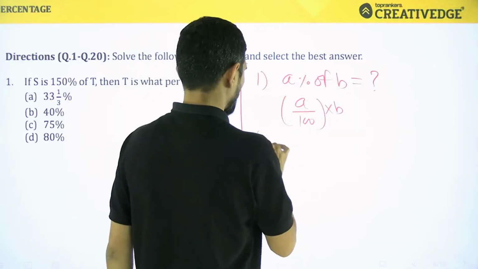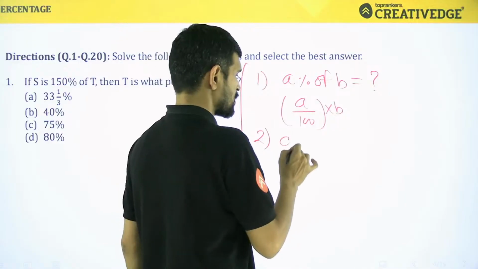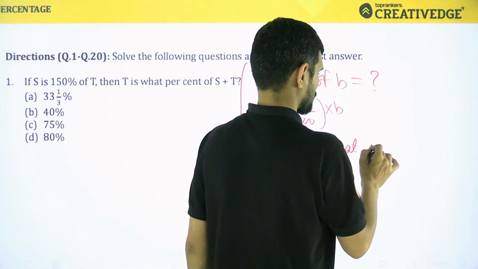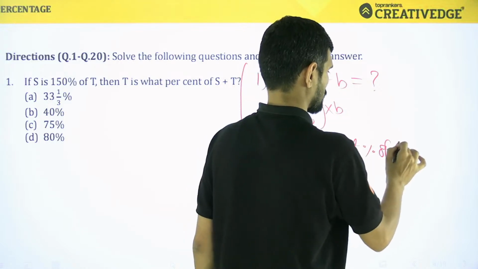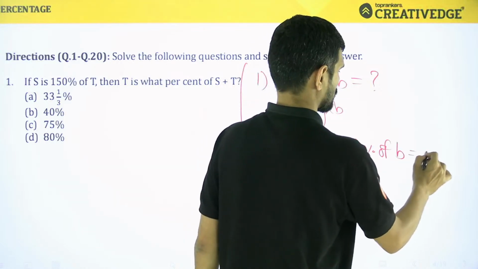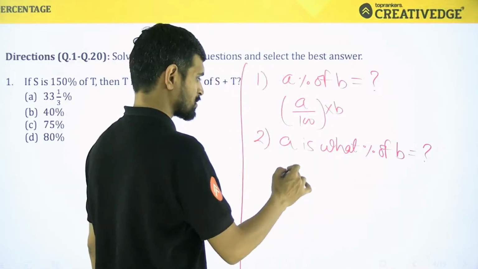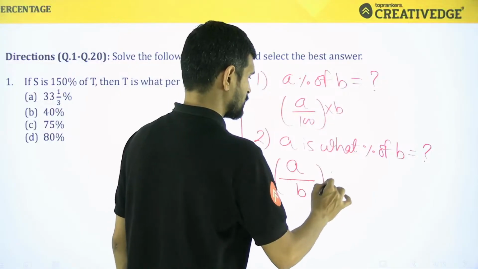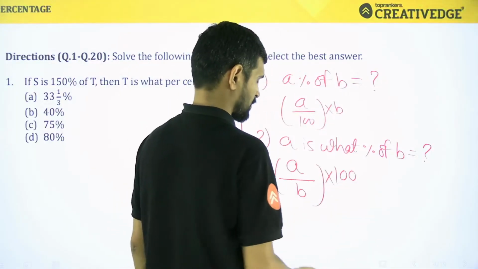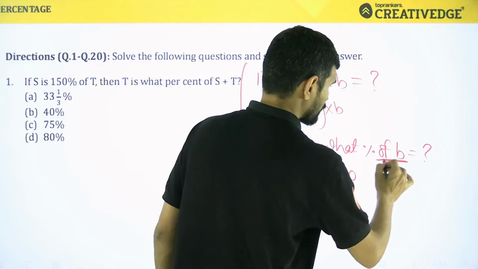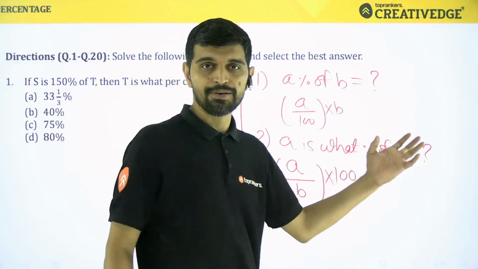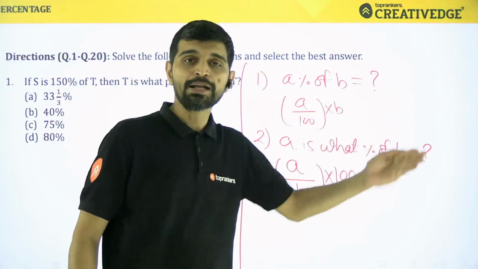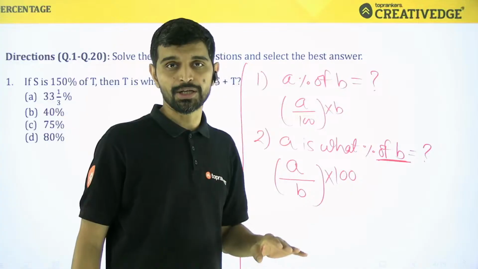Right. Second type is A is what percent of B? In this case, we solve it like A upon B multiplied by 100. B is our reference, right? B is our reference whenever you want to calculate anything in terms of percentage, right?